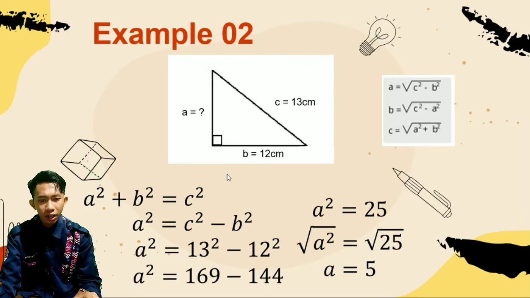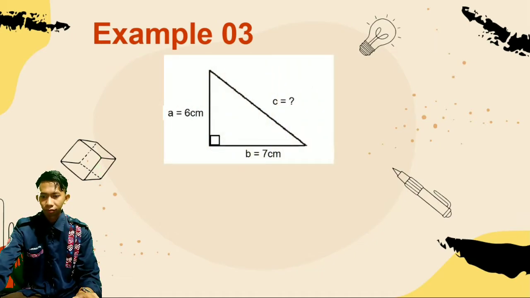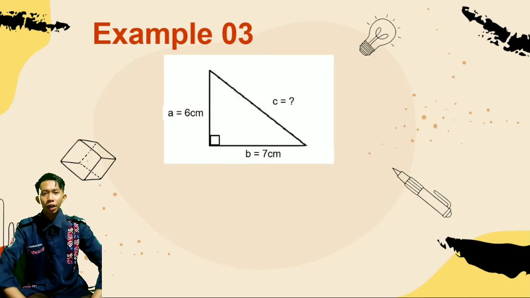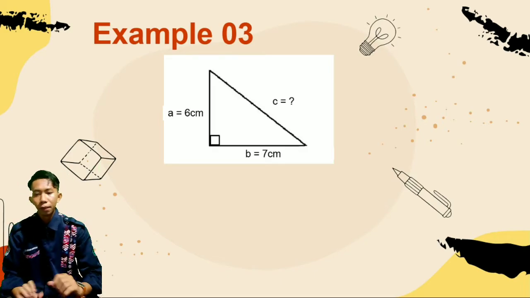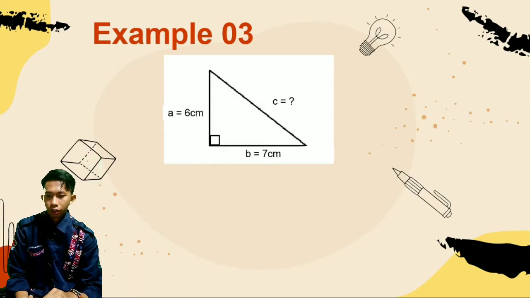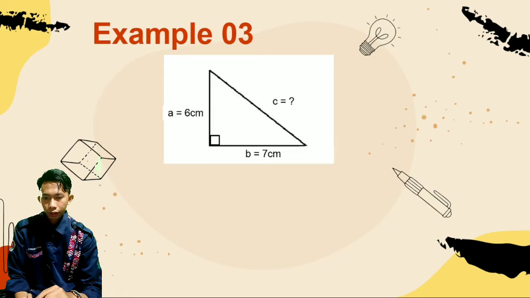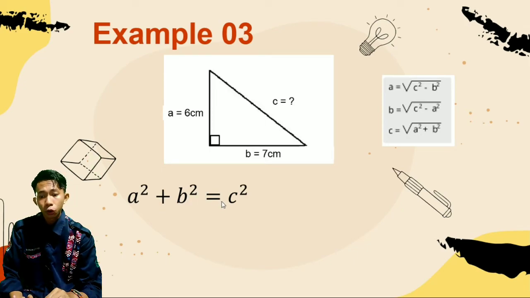Okay, now let's go to another example. Okay, the third example. Now we should find the value of C, just like the first example, but we will find it different with this example. Let's see. We have a right triangle which has 6 centimeters on A and 7 centimeters on B. So we should find the C. According to the theorem, we got A squared plus B squared equals C squared.